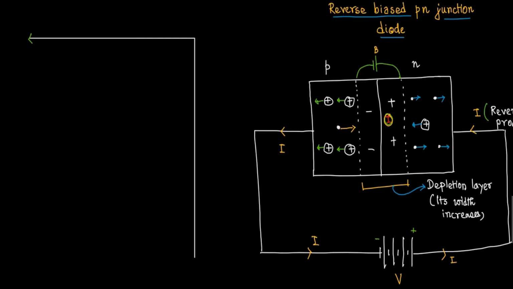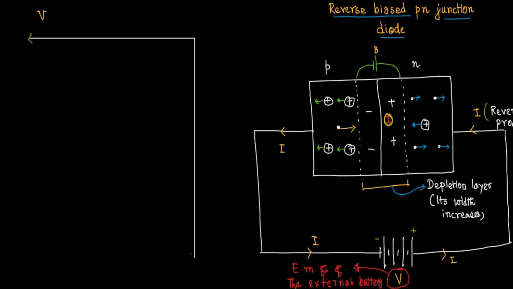Along the horizontal axis, voltage V is plotted. V is the EMF of the external battery, which is plotted along the horizontal axis.